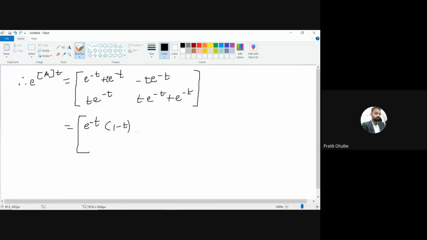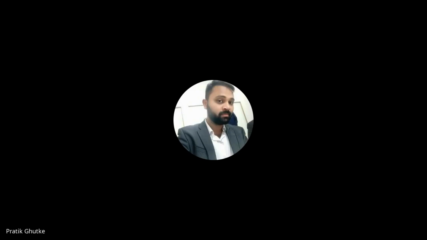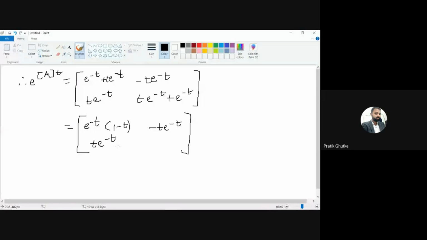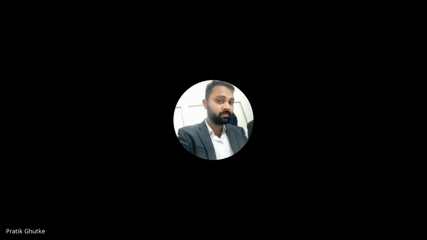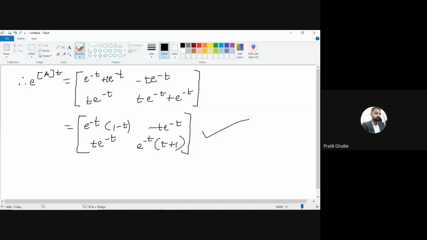Next term, minus t e raised to minus t. Here it would be t e raised to minus t, and then finally I am making e raised to minus t common, so it will be t plus 1, like this. So this is your state transition matrix.